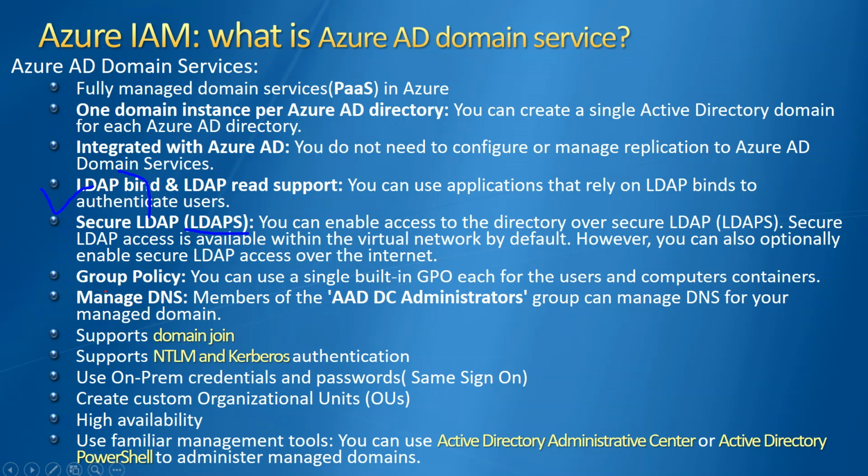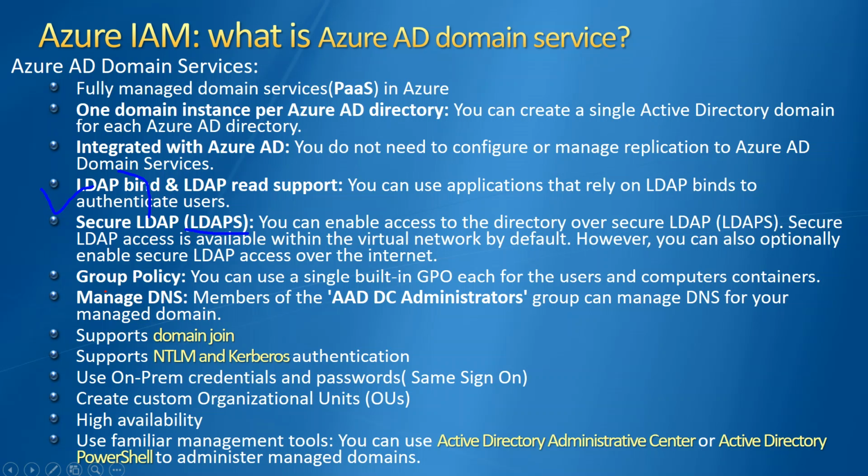Otherwise, if you have a VM which is Windows 2012 R2, 2008, 2016, you cannot join to Azure AD. So in this case, you have Azure AD DS. Azure AD DS fully supports joining any of the client VMs into the domain, be it Windows 10, Windows 8, or Windows 2012 R2, 2012, 2008, 2008 R2, 2016, any VM you can join into the domain.